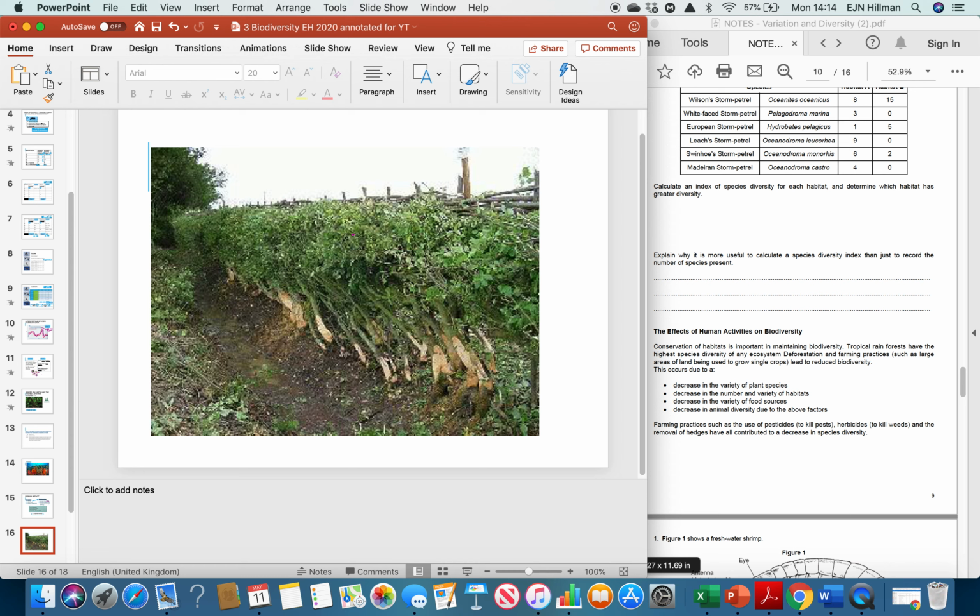And that hasn't really been improved even since. As those hedgerows haven't been replaced, they have in some places, but not particularly, those small mammal species and birds, their populations haven't increased.